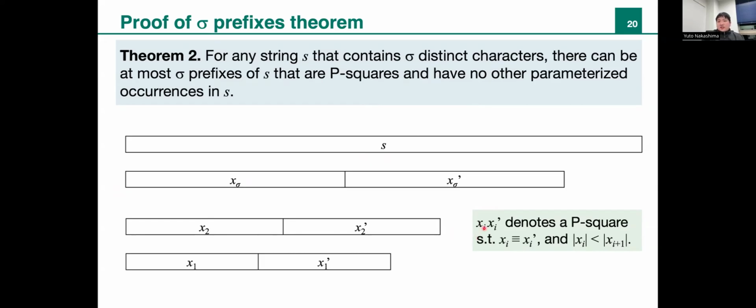In this slide, the concatenation of xi and xi prime denotes the i-th parameterized square, such that xi is parameterized equivalent to xi prime. x1 is the shortest one, and x2 is longer than x1.